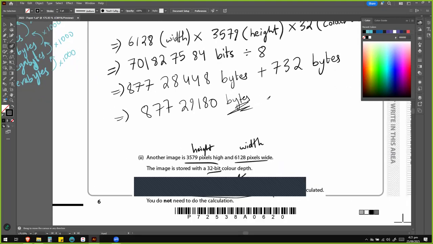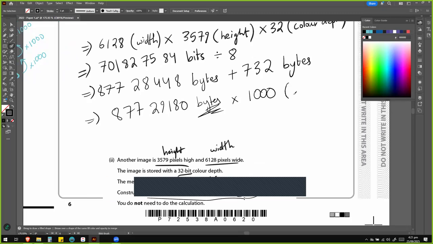So we're going to say multiply that by 1,000, and we can write here in parentheses so that it's easy to understand, kilobytes, and the answer we will get is, sorry, not multiply. My bad.